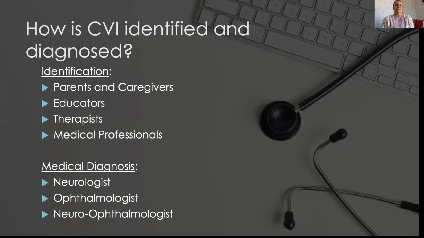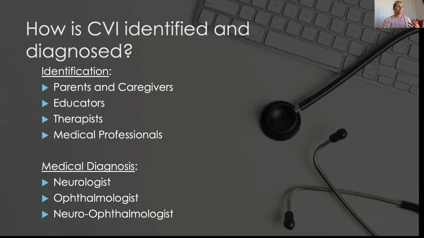A medical diagnosis is the only way that CVI is diagnosed. A TVI, or teacher of the visually impaired, or a teacher or a psychologist cannot give that diagnosis. And so how does that diagnosis come about? Well, we're hoping, by educating and getting the word out, that as we see kiddos who are starting to display certain visual behaviors, that we gather information.